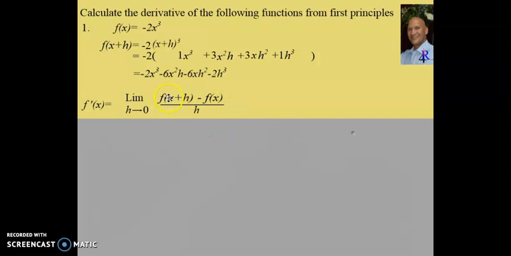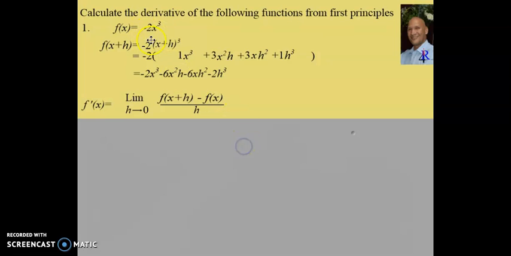And f of x plus h is -2x cubed minus 6x squared h minus 6xh squared minus 2h cubed. All of this will be substituted in there, and that will be substituted in there.